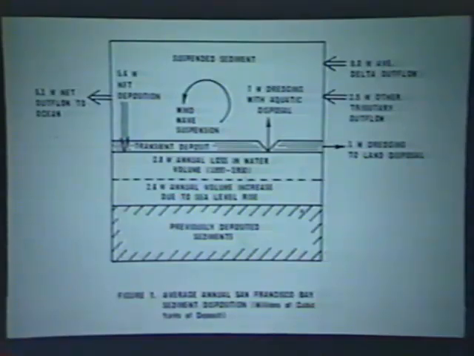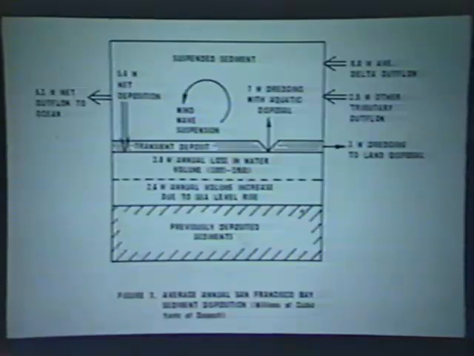On the upper right there, you'll see 8 million cubic yards in delta outflow, and about 2.5 million cubic yards from other tributaries, Petaluma River, Napa River, and the other Santa Clara River, and so on. So that makes about 10.5 million cubic yards coming in.